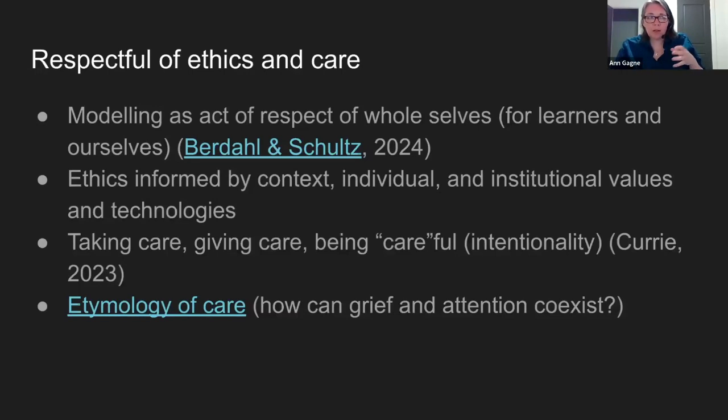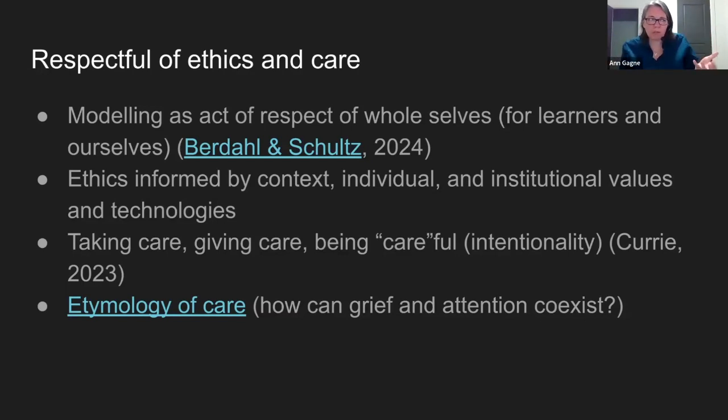And so before I leave it to my colleagues who are going to talk a little bit more about context, one of the things that I was reflecting on around care, and what I often do, is look at the etymology of words. And it was really interesting to me that the etymology of care comes from two different things that are kind of distinct, yet we do them as designers, right?